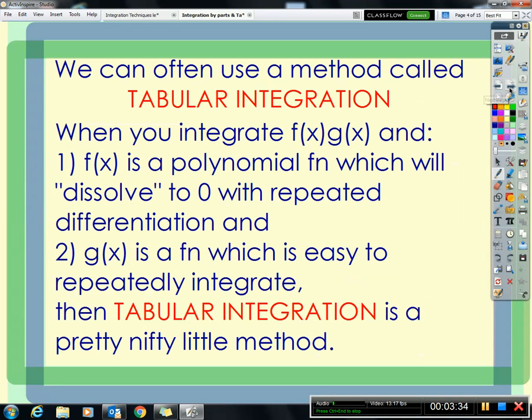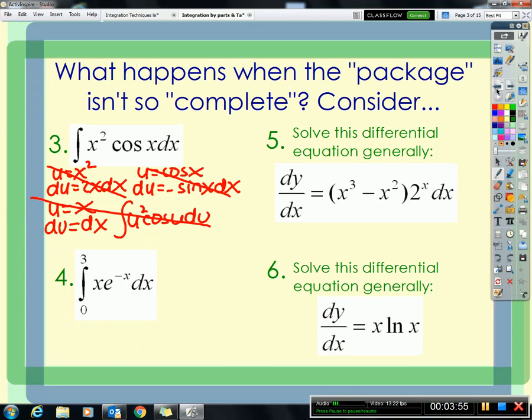The first method that we'll talk about is tabular integration. Now it's important, tabular integration is when you're integrating a product, and you'll notice here I've got the product of f of x times g of x. So you've got 2 different functions. Well, that's what you had on number 3. F of x was x squared and g of x was cosine x.